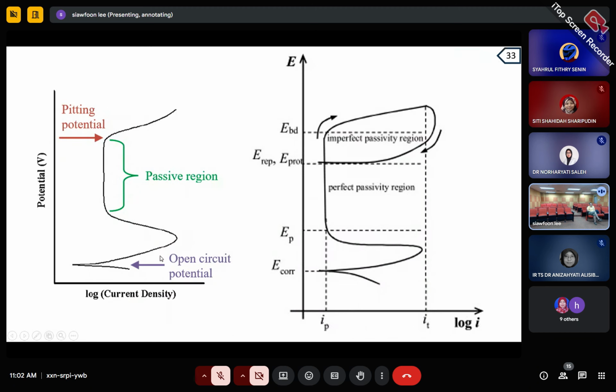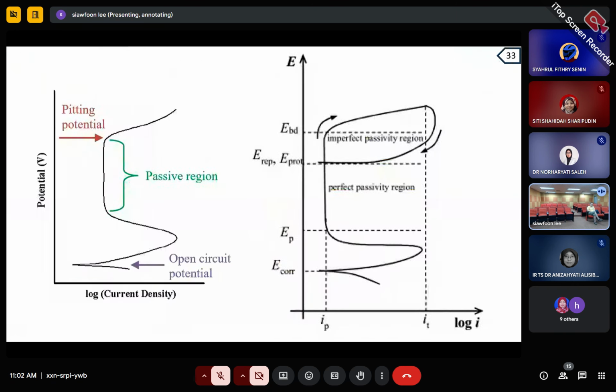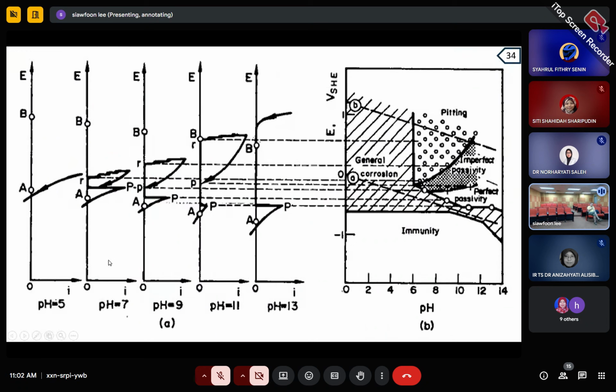When you have this curve, you know that at this region of potential I need to apply, so that the steel will get passivated. However, if by chance you found that the pH of the solution in the concrete is down to 9, then you know that the applied potential has to be in this region.